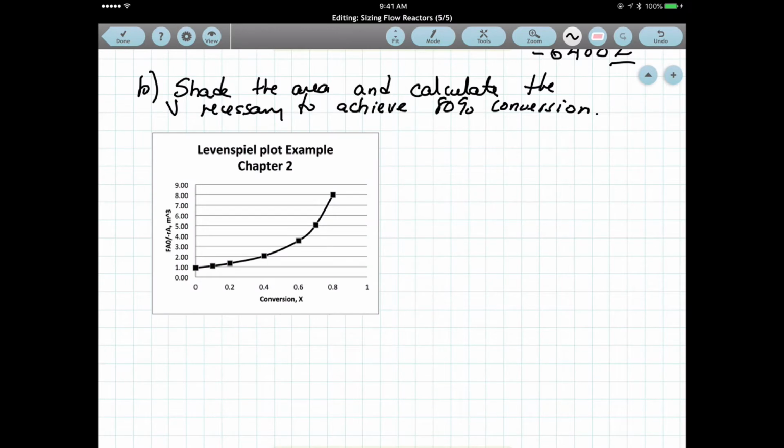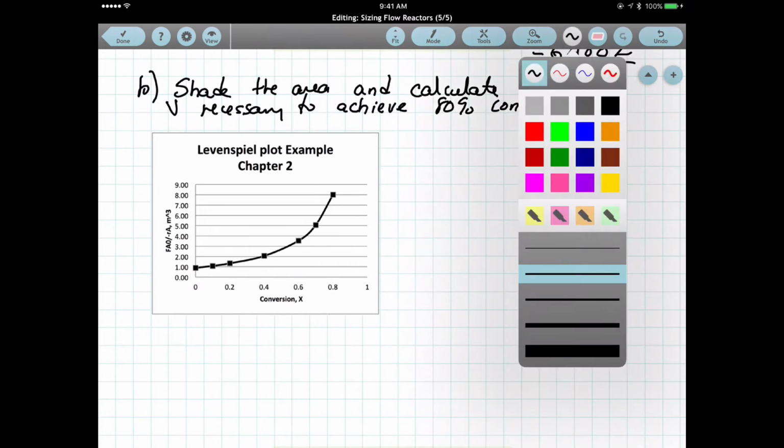Now we want to shade the area in the figure, on the Levenspiel plot, and we are asked to calculate the volume necessary to achieve 80% conversion. So I already explained how to get the graph. Once we have the graph, I'm going to change color here, orange, because we're Gators.